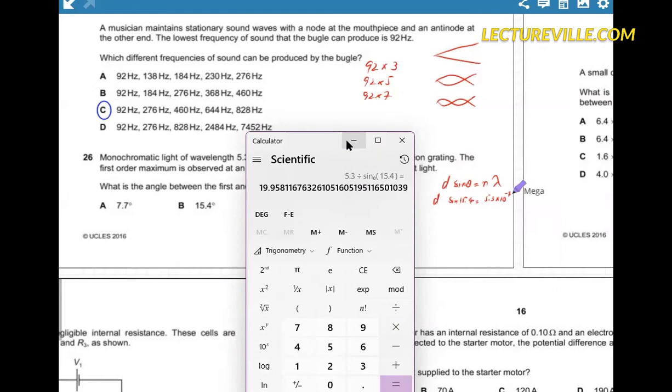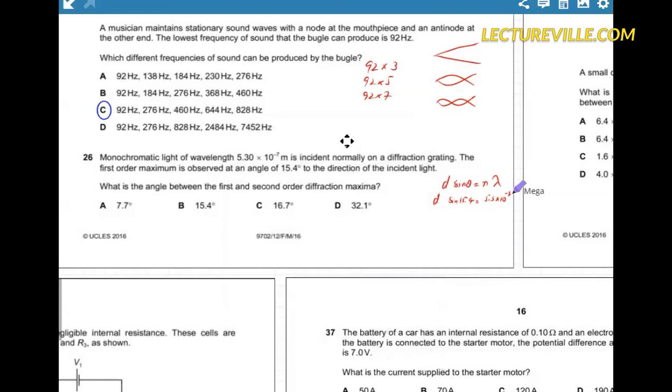So it will be 1.99 or 2 into 10 to the power minus 6 meter is d. Now finding sine theta for the second one, it will be 2 into 10 to the power minus 6 into sine theta equals 2 times 5.3 into 10 to the power minus 7.